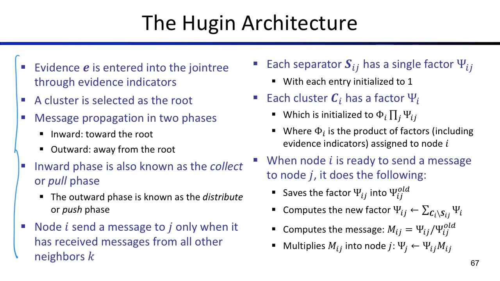When the node i is ready to send a message to a node j, the node i does the following. Just to clarify, these are the steps that are done by the node i, and these ones are actually done by the node j. So the node i saves the factor psi_ij into psi_ij old. It computes a new factor psi_ij that is the psi_i with the elimination of the variables that do not belong to the separator.